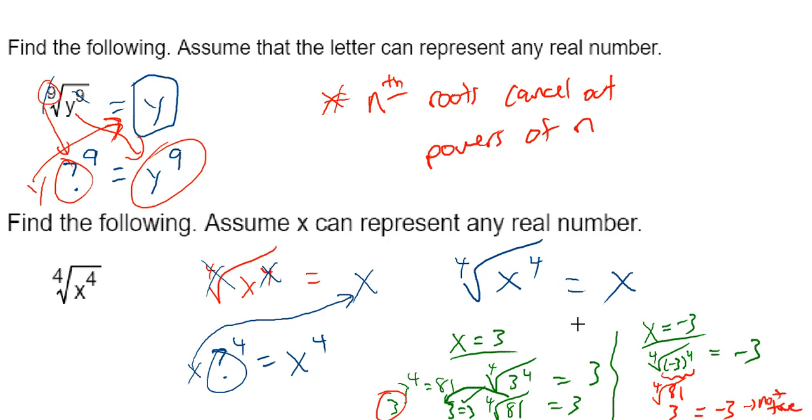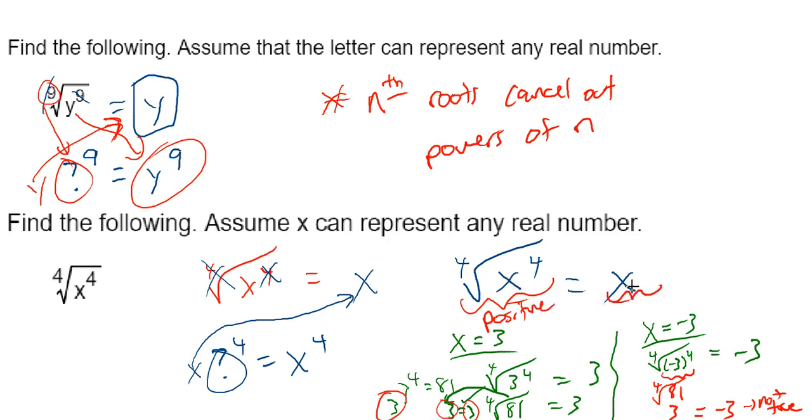So these are actually not completely equivalent at all times. This is only true when x is a positive number. If I'm plugging in positive numbers for x, yes, the left-hand side matches the right-hand side. It works out fine every time. But if I plug in a negative number for x, this side is always positive, even for negative numbers being plugged in for x.